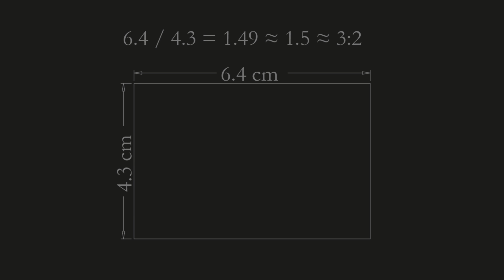The first step is to calculate your camera's native aspect ratio using the measurements from the camera's image width and height. You take the measurements and divide one by the other, and here you can see that this camera has 1.5, which is an aspect ratio of 3:2.